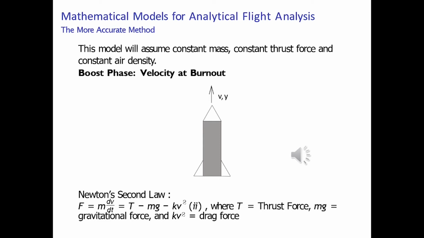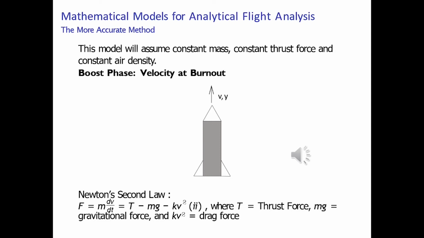And when we use that equation, we got a really inaccurate apogee approximation. So we're gonna take those forces into consideration and assume constant mass instead. The thrust force is also assumed to be constant, as well as the air density.